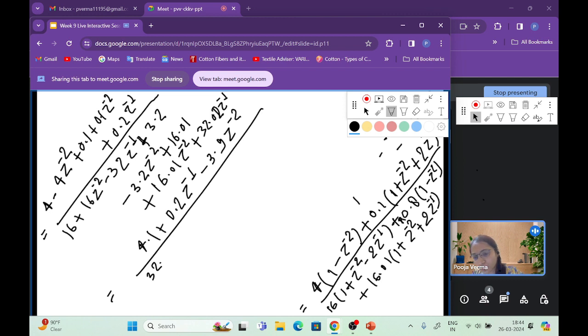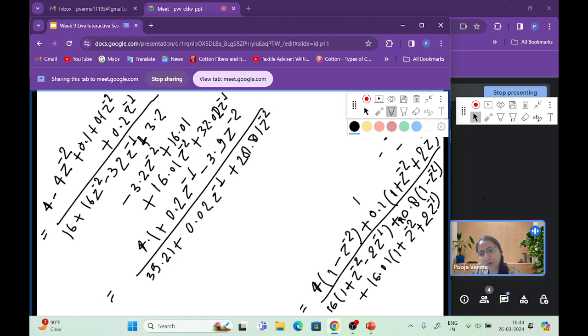So total 35.21 we will get, plus by adding the z inverse terms we will get 0.02 z inverse plus 28.81 z to the power minus 2.